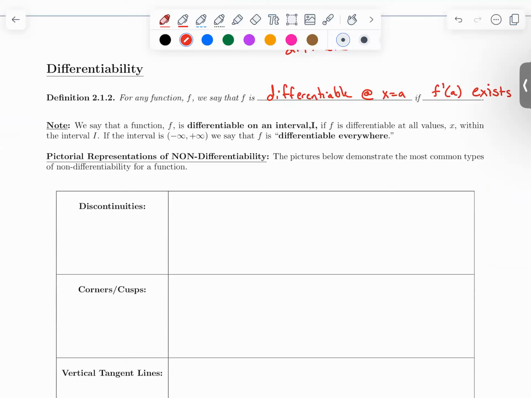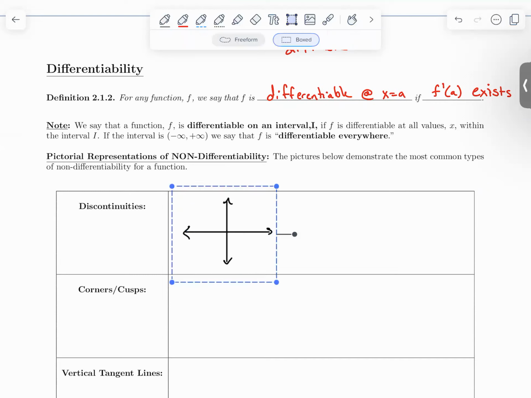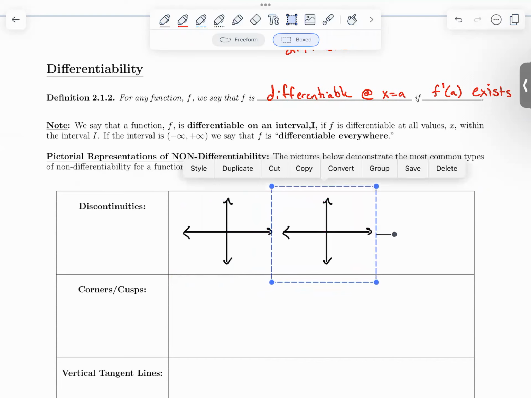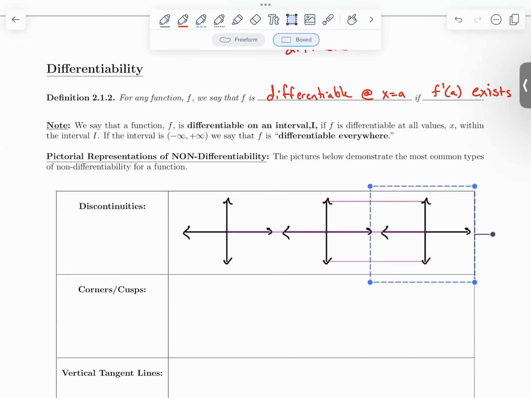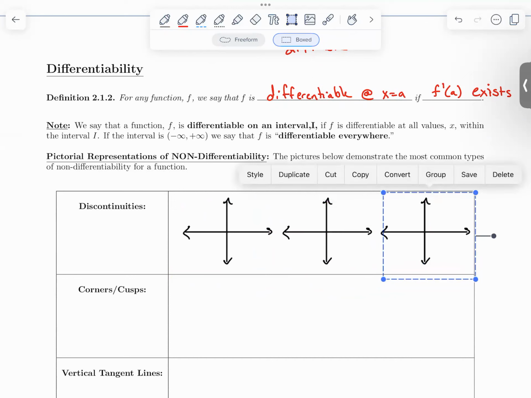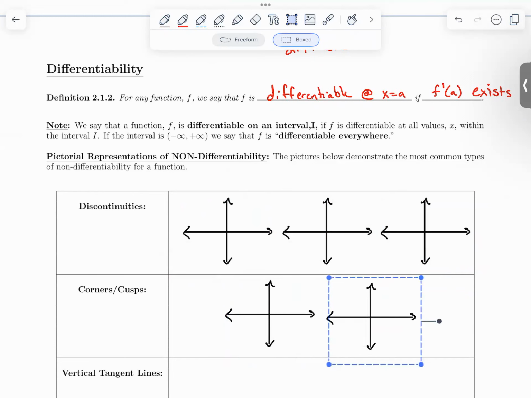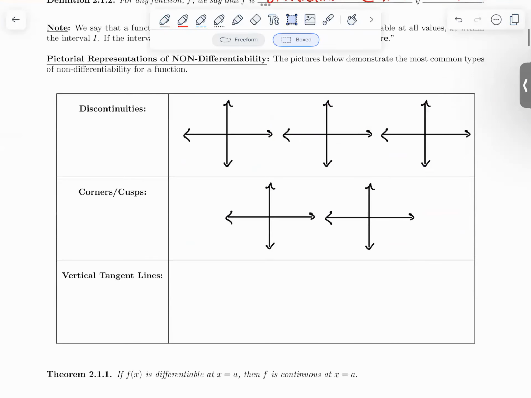Discontinuities, that is the first type of differentiability issue. So I want you to draw 3 graphs. It doesn't really matter the scaling at all. I'm not really going to draw any scaling. I just want 3 nice and neat little graphs. I'm going to need 2 in the next row, and then 1 in the last row.